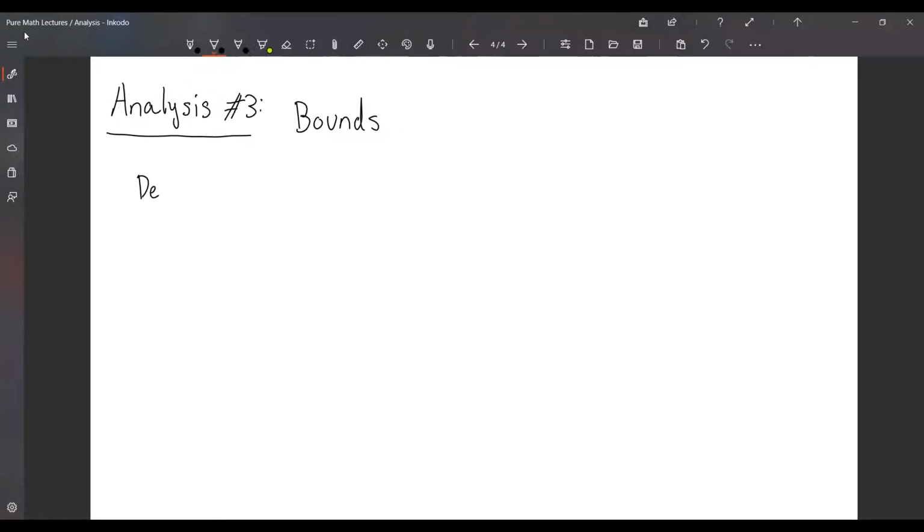this is something we're going to define. M is an upper bound, which I'll write out first, but I'm going to be abbreviating it a lot. M is an upper bound for A, which is a subset of the real numbers.